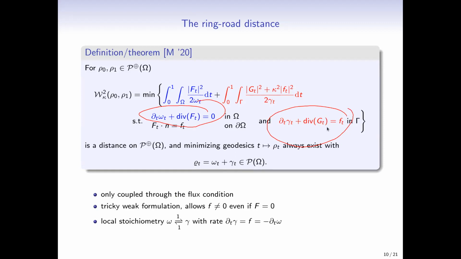So this divergence here is an intrinsic Riemannian divergence on the road only. So if you like, it's a tangential divergence. But there's also a reaction term, little f, in the continuity equation for gamma, if you like. And the condition I put that will be required to ensure mass conservation is that the outflux of the momentum in the city must match the influx little f on the road.